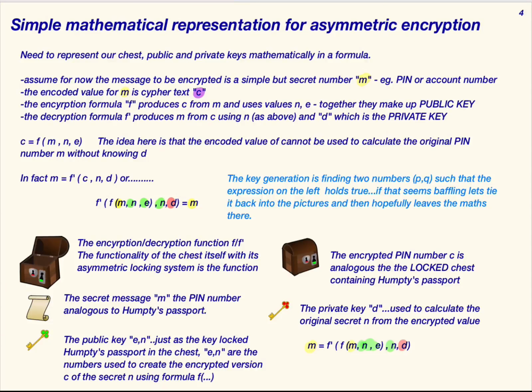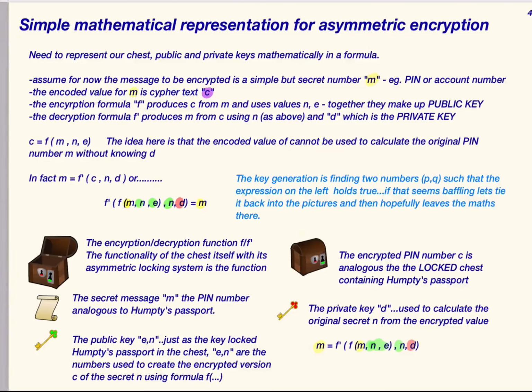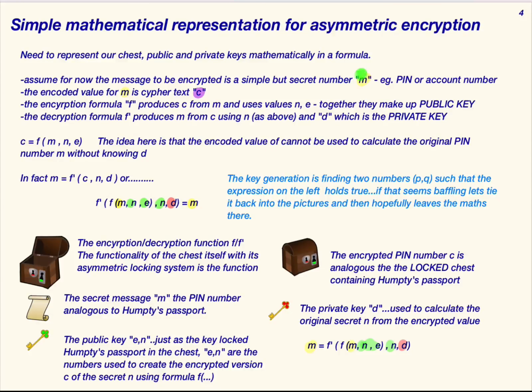Now, the mathematical formula to encrypt an unencrypted piece of information, let's call it M, which is let's say your PIN number, right? We want to produce a scrambled value C, my apologies, from M, and that uses a mathematical function F, right?